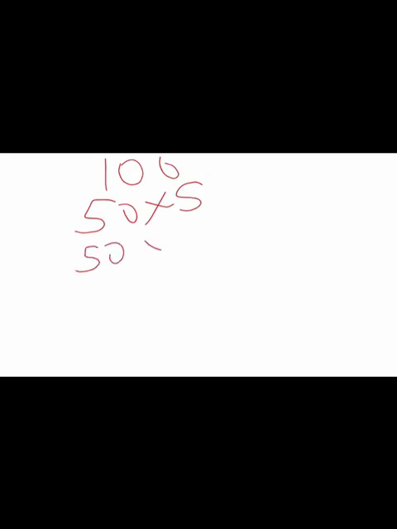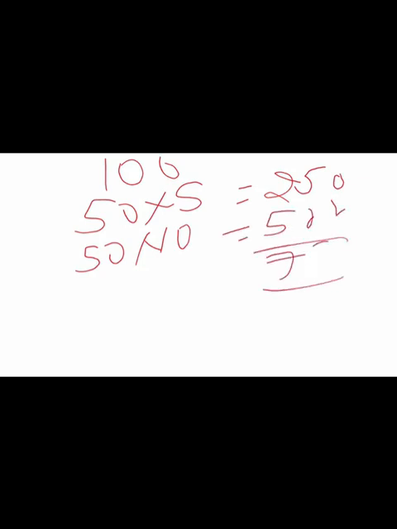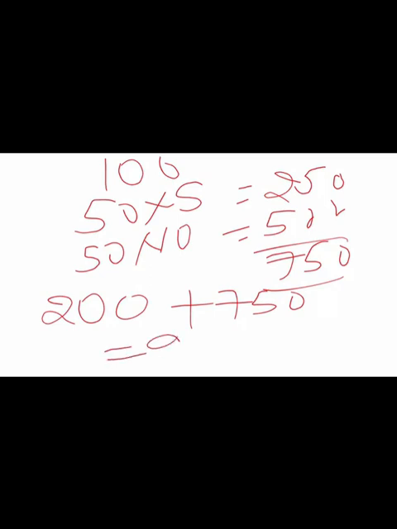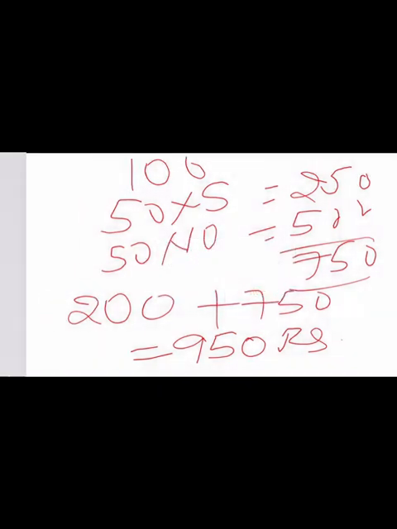For the remaining, if it is 10 rupees, it will be 250 plus 500, 750 rupees. That is the variable charge. The fixed charge we considered as 200, plus the variable charge of 750, so now we have to pay 950 rupees. That is what the two-part tariff is.